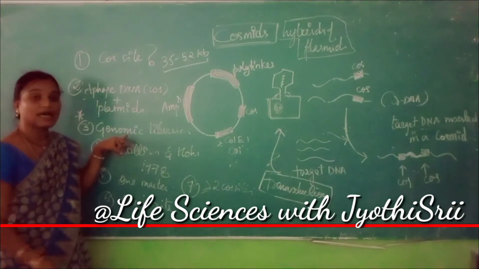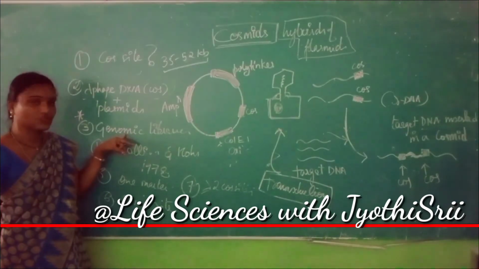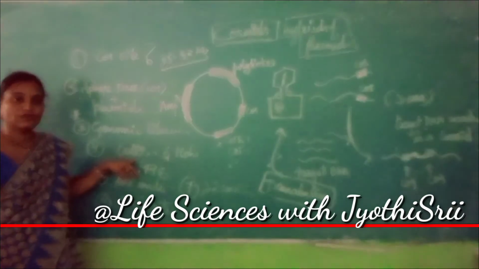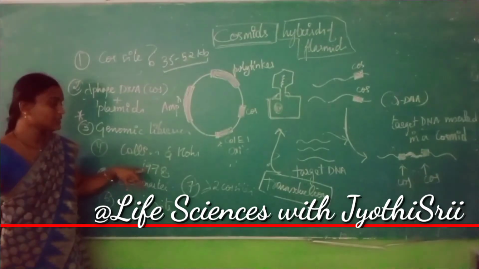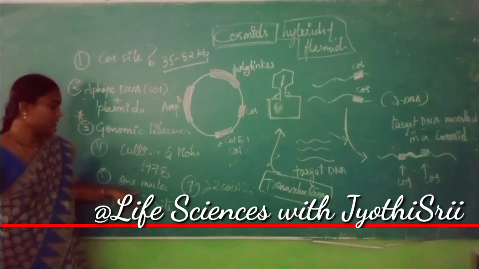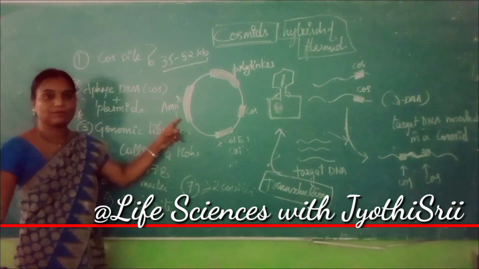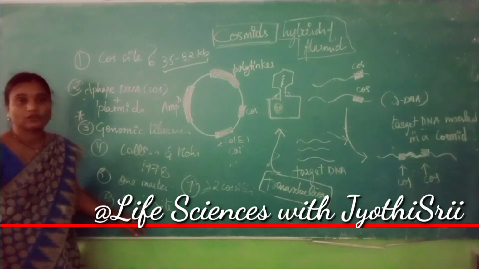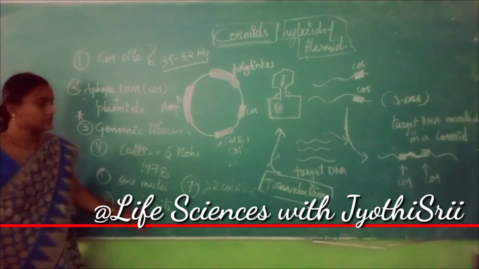So these are generally used for construction of genomic libraries, and these were first introduced by Collins and Hohn in 1978. And it contains one marker gene, that is ampicillin resistance, and it also contains the ORI site.